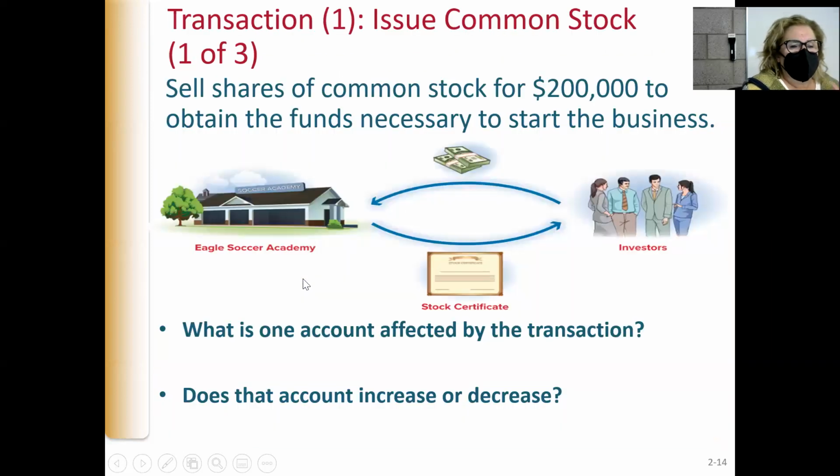Let's just think of this transaction. We sold to the public or to somebody shares of stock where we received $200,000. As the company, can you guys think of one account that's being affected?